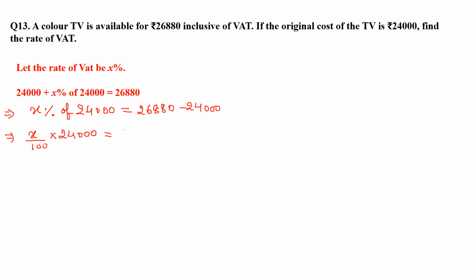And if you subtract it, you will get 2,880. Now reduce it. 2 zeros I can eliminate, and then transpose 240 to the other side. It will be 2,880 divided by 240. Now 1 0 and 1 0 I can cancel it, and 24 times 12 will give me 288. So it is 12%. So the VAT is 12%.